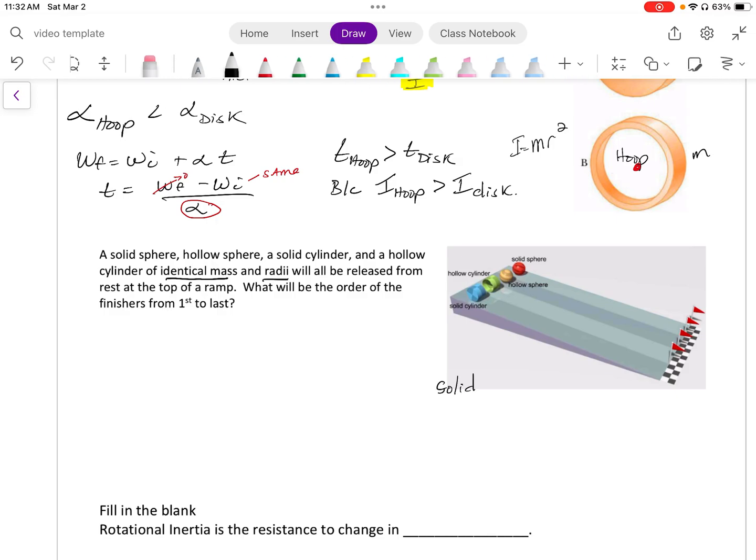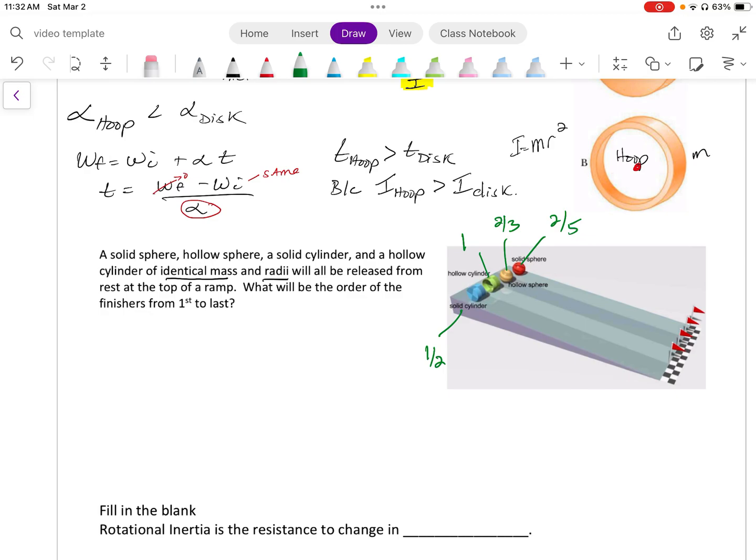The solid cylinder is going to have 1/2 mr squared. The hollow cylinder is just going to have 1 mr squared, so I'm just going to put a 1. The hollow sphere is going to have 2/3, and the solid sphere is going to have 2/5.